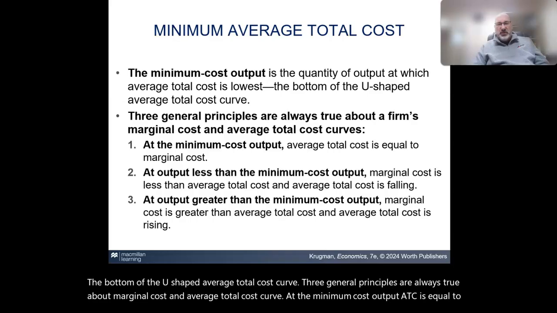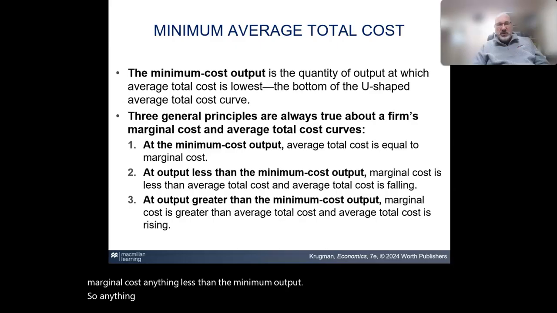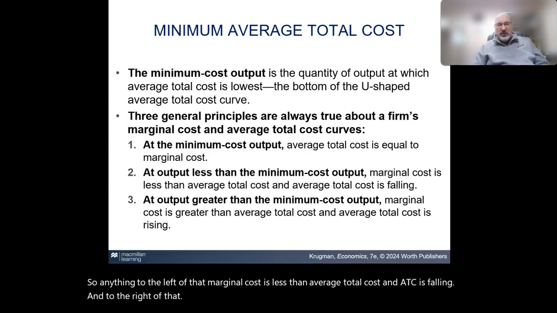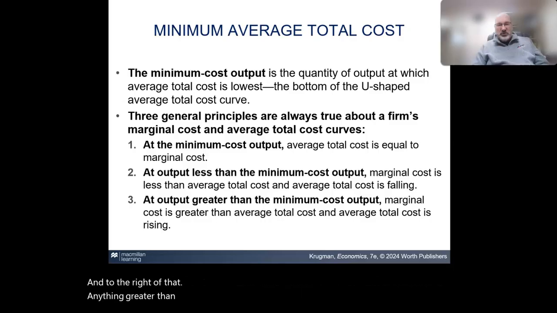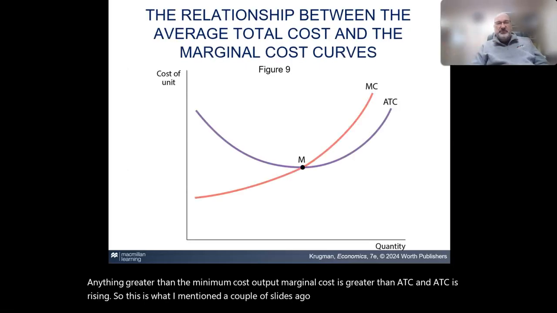Anything less than the minimum output, so anything to the left of that, marginal cost is less than average total cost, and ATC is falling. And to the right of that, anything greater than the minimum cost output, marginal cost is greater than ATC, and ATC is rising. So this is what I mentioned a couple of slides ago, just put in a few different words.